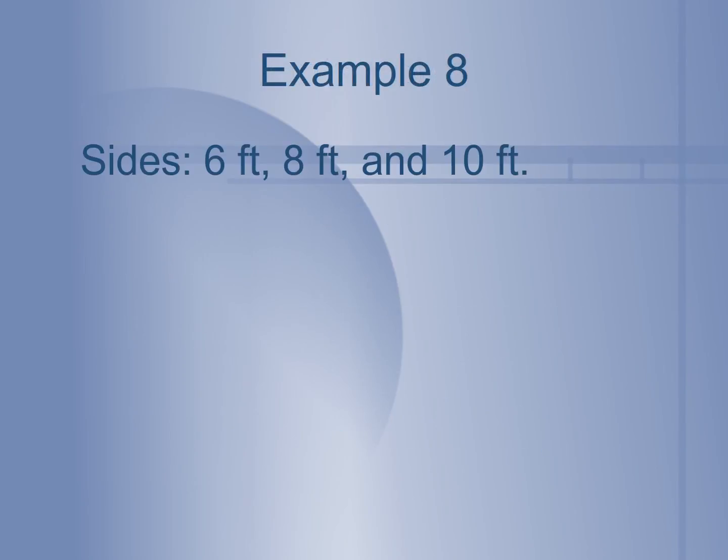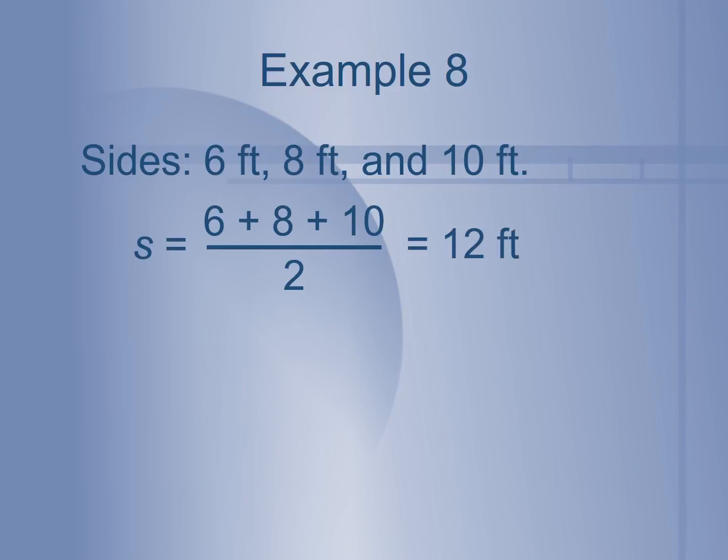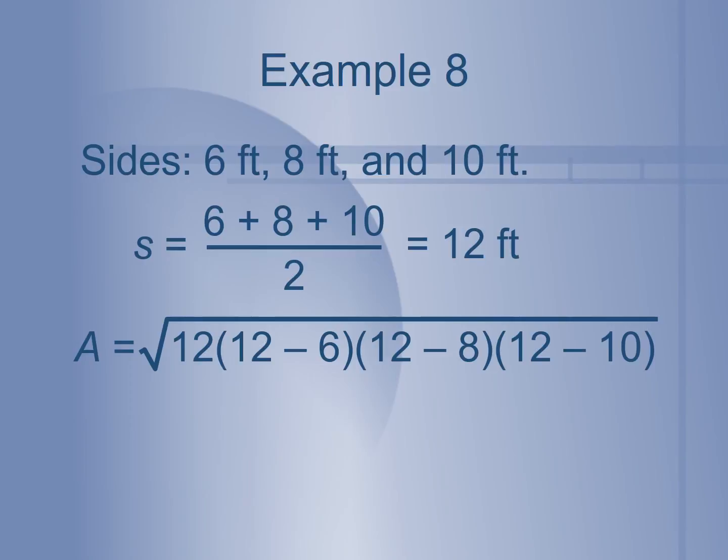Let's say we have a triangle that has the lengths 6, 8, and 10, and we want to find the area of that triangle. So first we would find S. So we do 6 plus 8 plus 10 divided by 2, which would give us 12. And then we plug in our formula. So remember, S is 12. So we should have S minus A, so S minus 6.